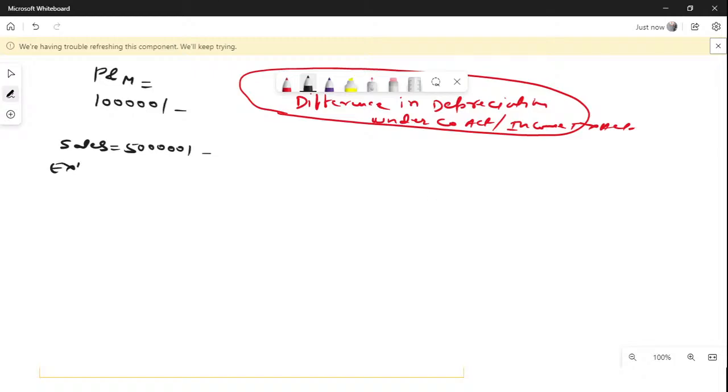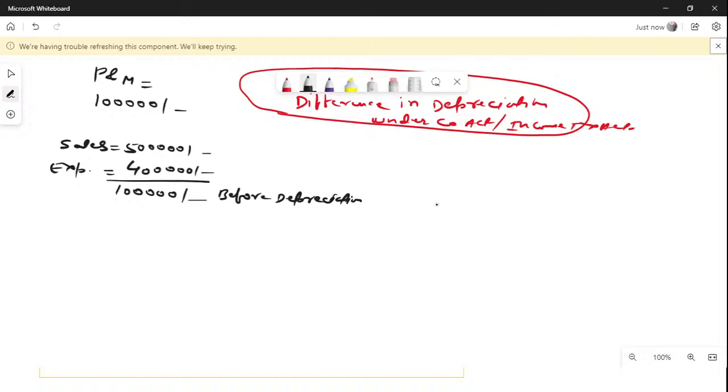And total expenses, I am not writing separately here raw material, selling, general and administrative expenses, other manufacturing, all put together. The company has made total expenses of 4 lakh rupees. So the company has a total profit of 1 lakh rupees, and this 1 lakh rupees is before depreciation.